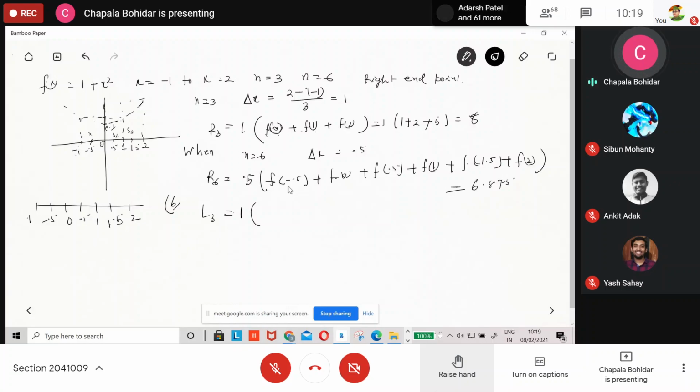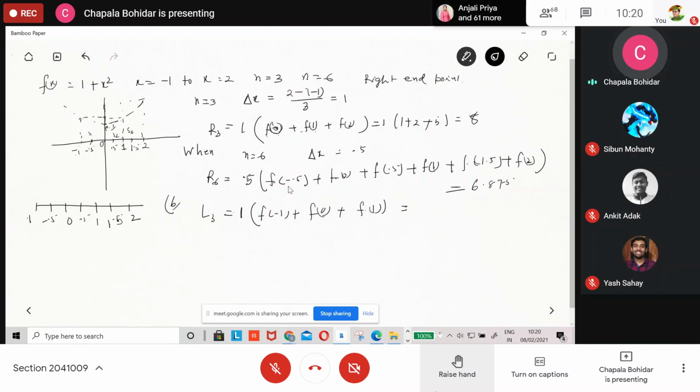L3 I have written. What you write down? f of minus 1. Very good. Then plus f of 0, then plus f of 1. Very good. So what is the value you get here? It is 5.